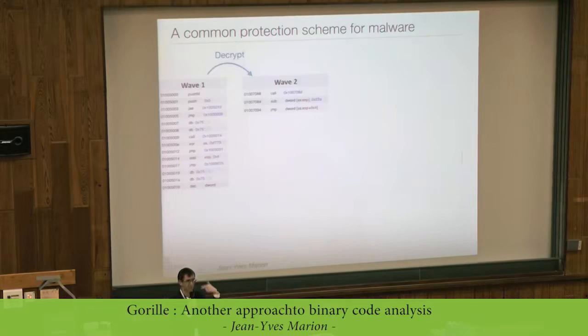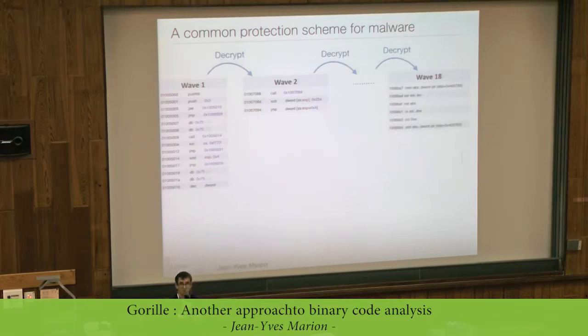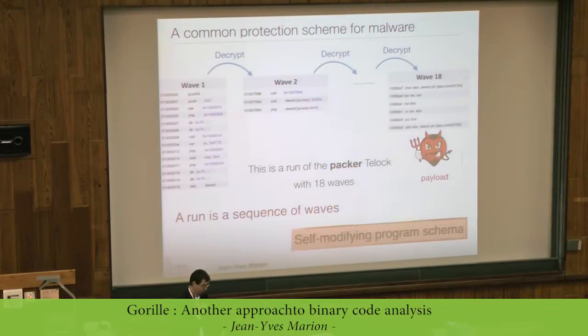You have a loop which decrypts some data, and then you jump to some decrypted data, which is another wave of code. And of course, there is another wave, and another one, till a final wave, and the payload of the malware or of the program is somewhere between the first wave and the last wave, between wave 1 and 18 in this example. This example is a concrete example which comes from the packer named TElock that you can download on the web.